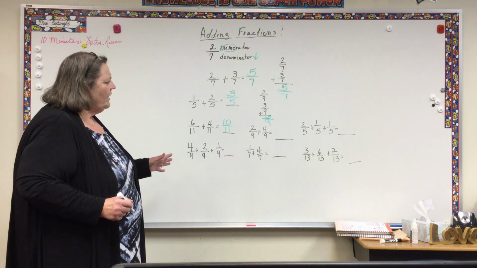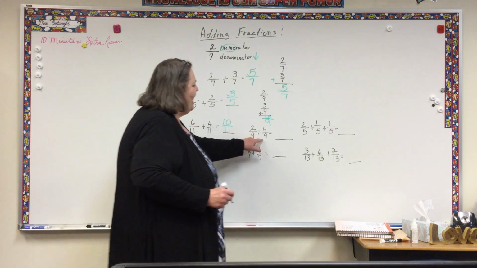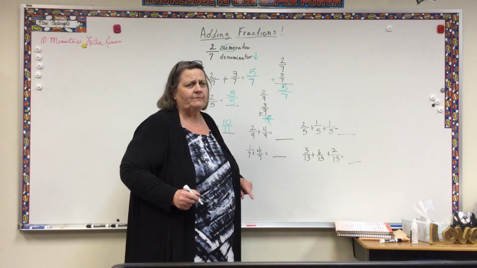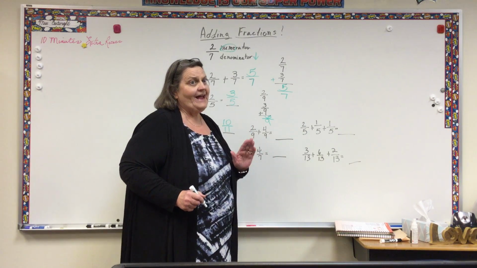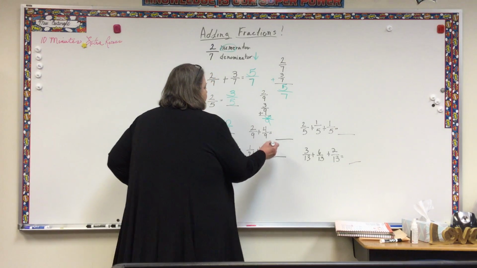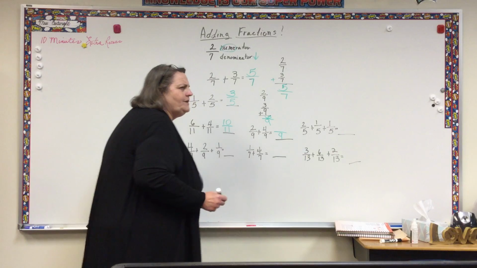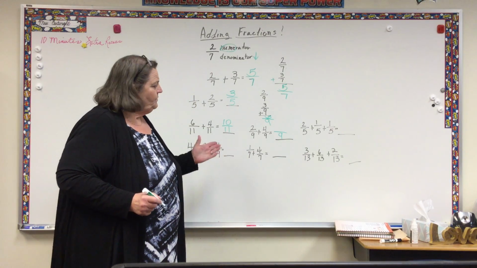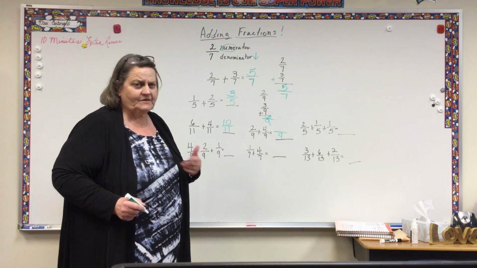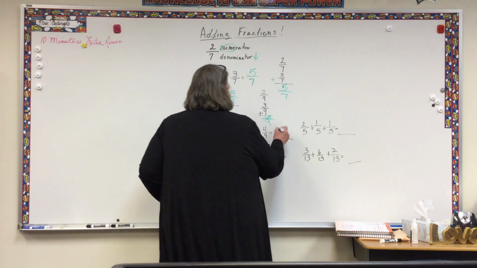Same, we can just work all of these numbers. 9 and 9, we don't add these numbers on the bottom. We just put that same number, the denominator. It's 9. Okay, then we'll add the numbers at the top. 2 plus 4 is 6, yes. 6.